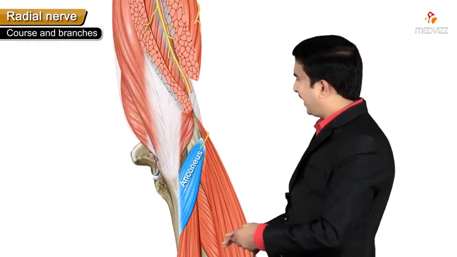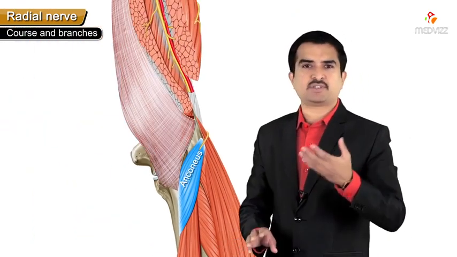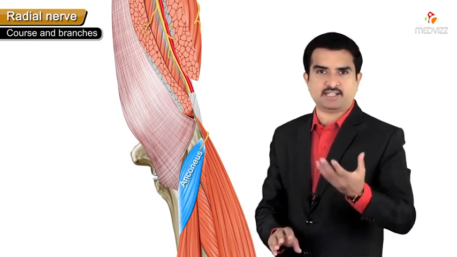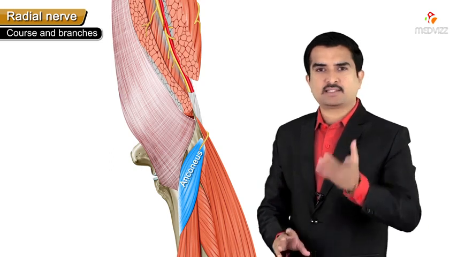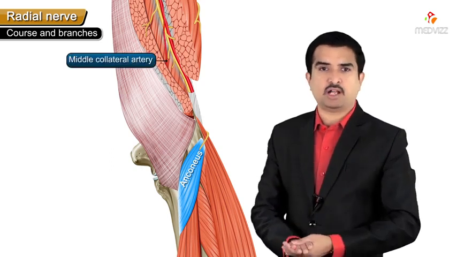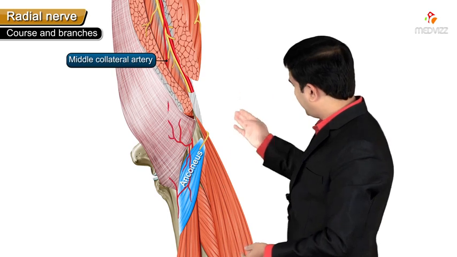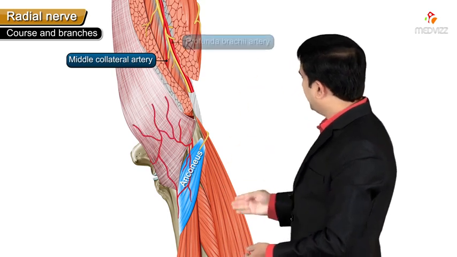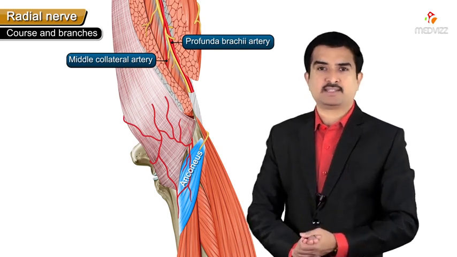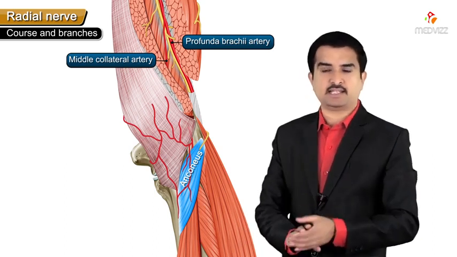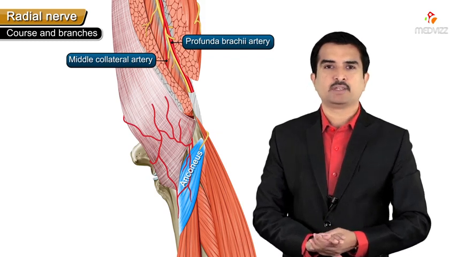If we talk about the vasculature of the anconeus, sometimes it is asked in the exams. That's the reason I want to explain that point. So the anconeus is supplied by the middle collateral artery, which is the direct descending branch coming from the profunda brachii artery, because this was a previous MCQ point. That's the reason I have explained this point over here.